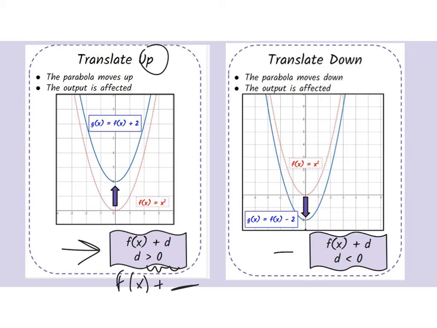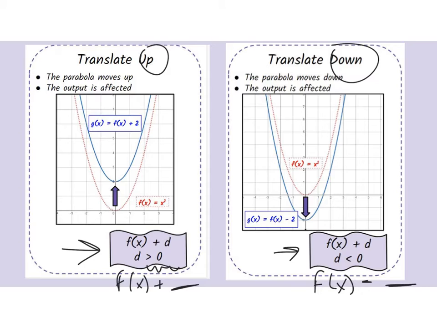This rule says the same thing, but if it's less than 0, I'm going to have minus a number, because in algebra we don't put plus a negative. So negative would move down in the negative direction. All right, so that's all about the output.